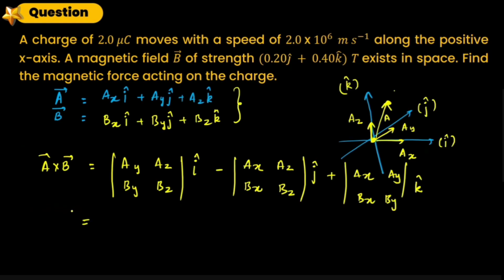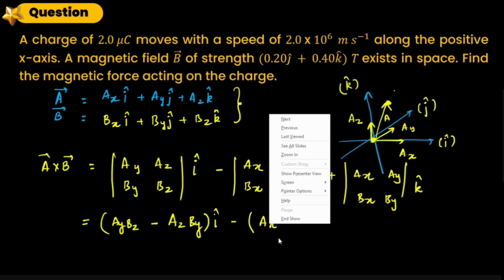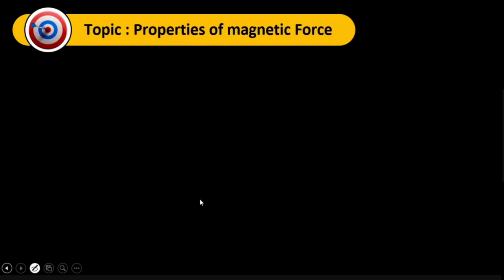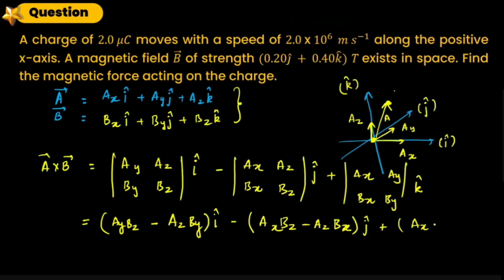When we solve this, it is what we call a matrix. In order to solve the matrix, we cross multiply the coefficients: ay into bz minus az into by, times i cap, minus ax into bz minus az into bx, times j cap, plus ax into by minus ay into bx, times k cap.